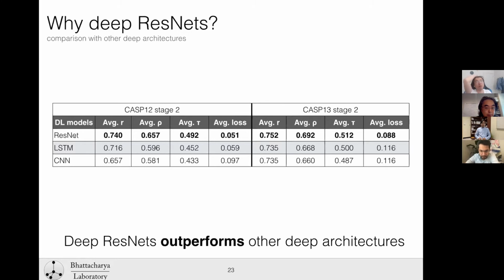To answer this, we used LSTM and CNN using the same training data set that we used in QDeep, and we compared them head-to-head with our ResNet classifiers using the CASP12 and CASP13 data sets. It turns out that ResNet consistently outperforms LSTM and CNN across all the accuracy measures, demonstrating that deep ResNet is a good deep architecture for the problem at hand.